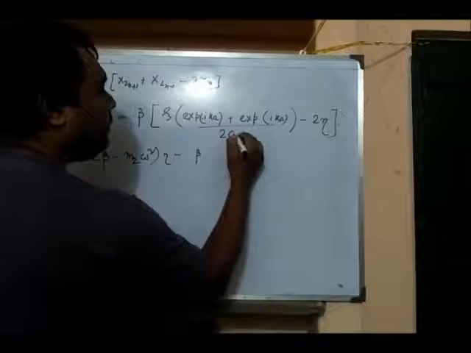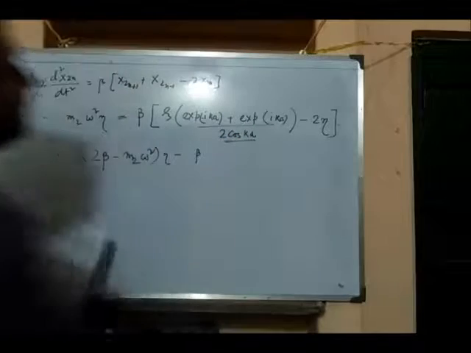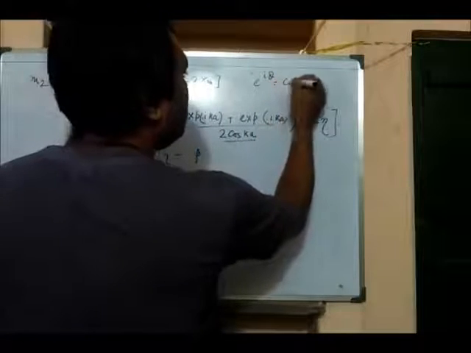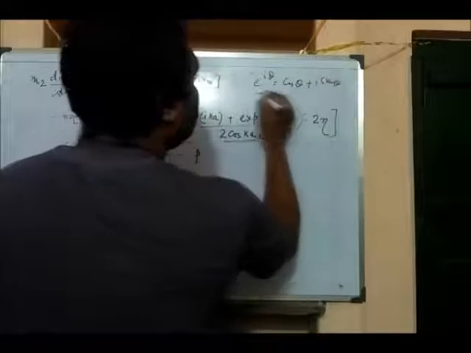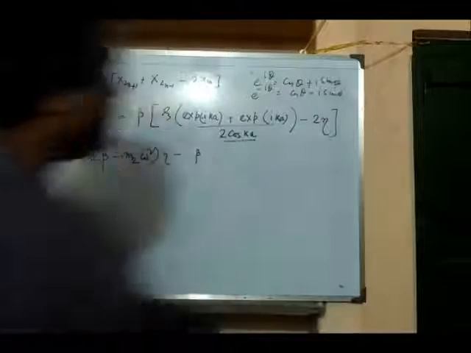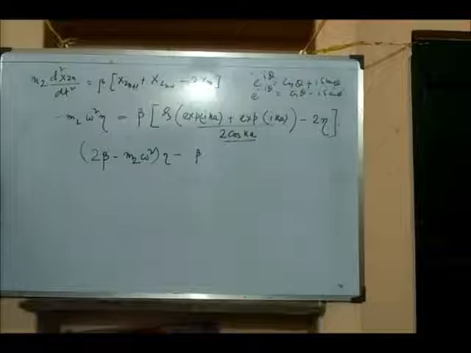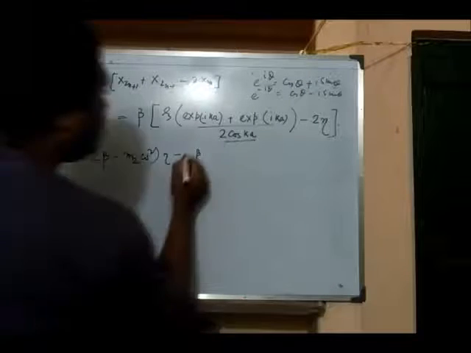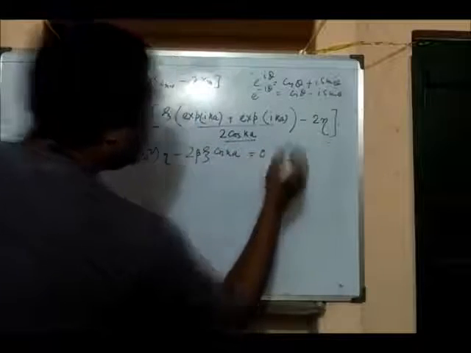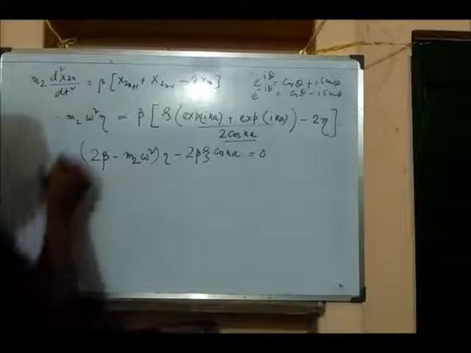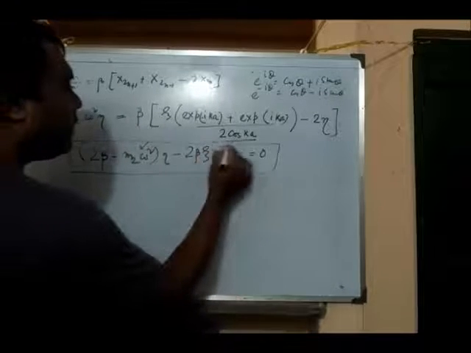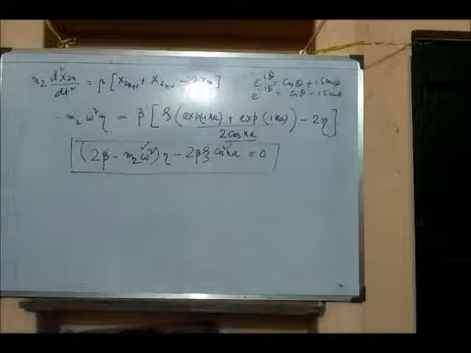This whole thing will be 2 cos ka. As you see here, e to the power iθ is cos θ plus i sin θ, and e to the power minus iθ equals cos θ minus i sin θ. So this will be just 2 cos ka, so this will be 2βξ cos ka. This will be 0. So we are getting the first relation between ω and k from here, right?